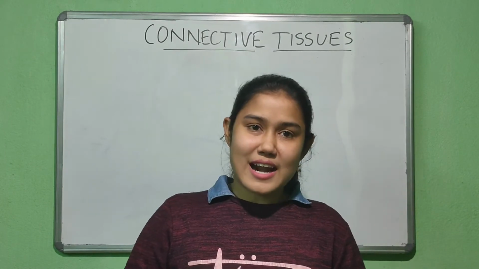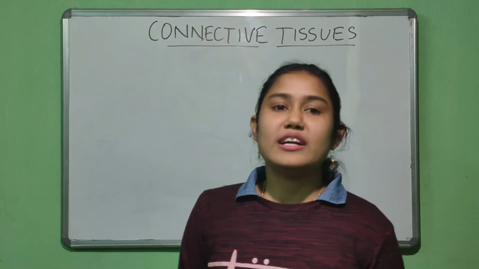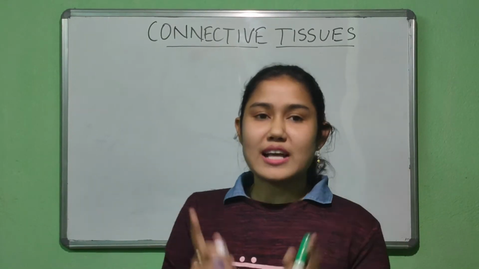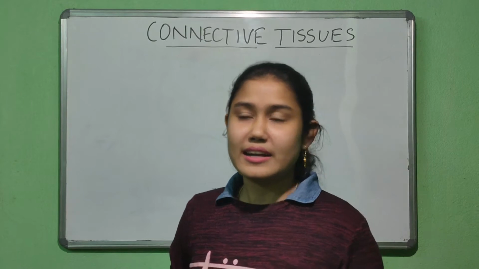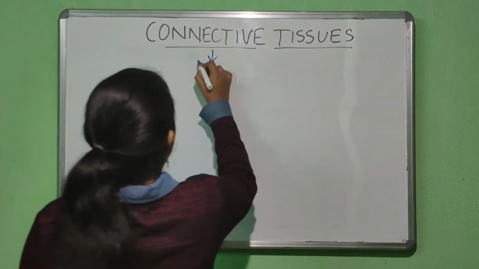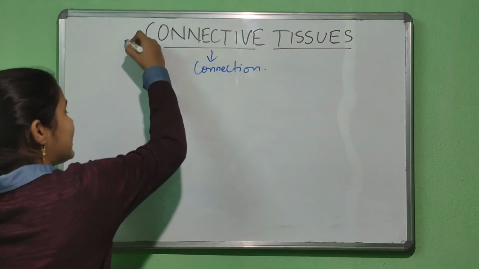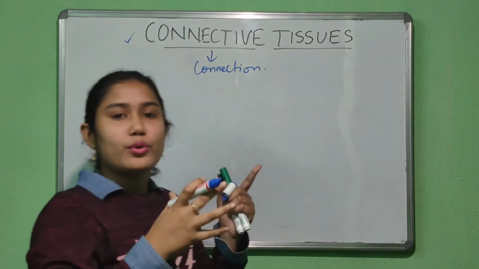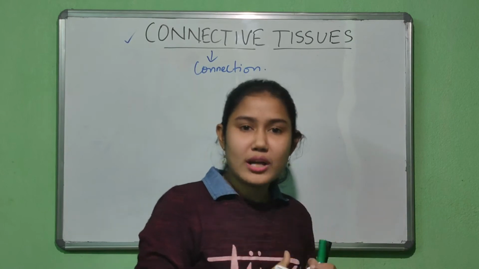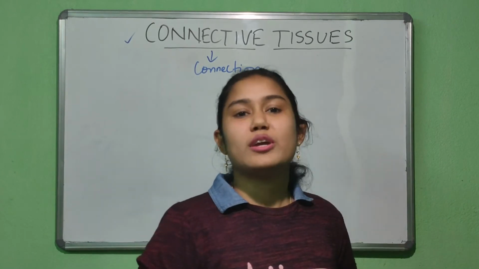So let's start. As I have already discussed in the classification of the tissues, these connective tissues are for connection. They protect our body, they support our body and the various body organs.